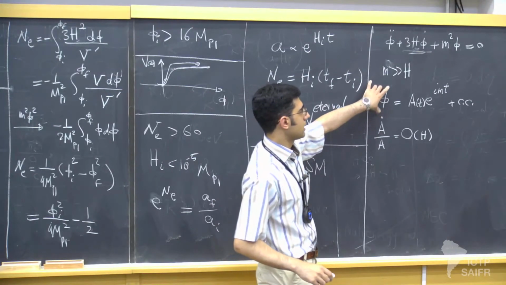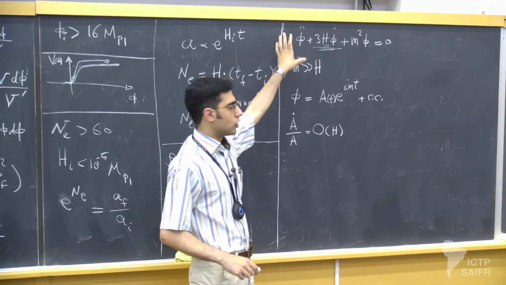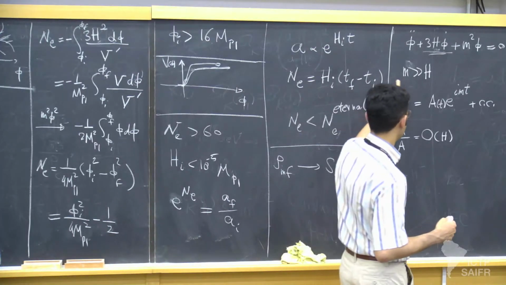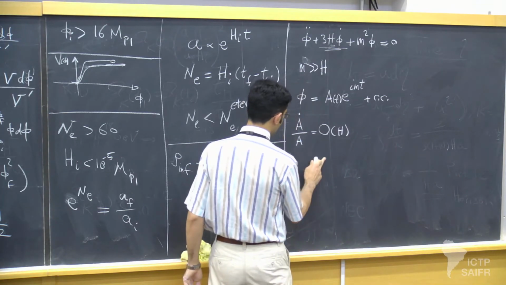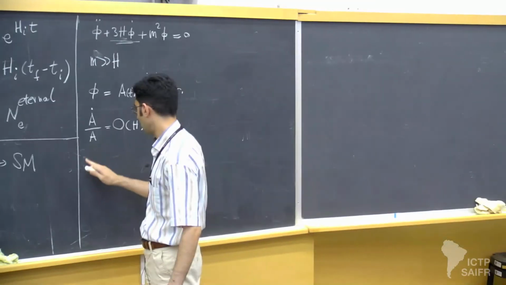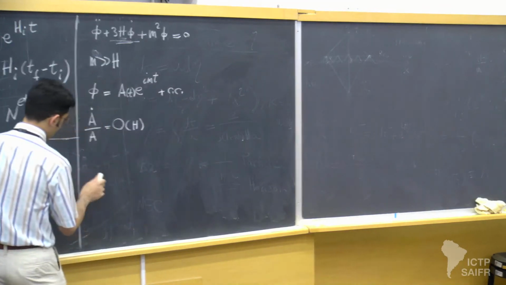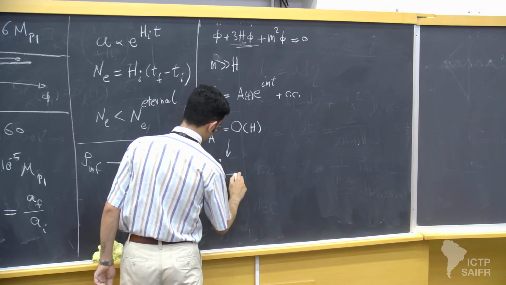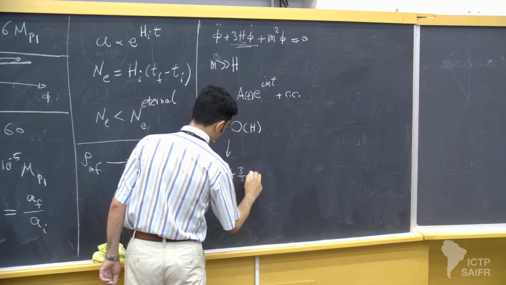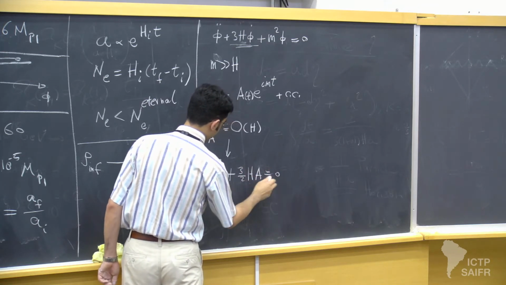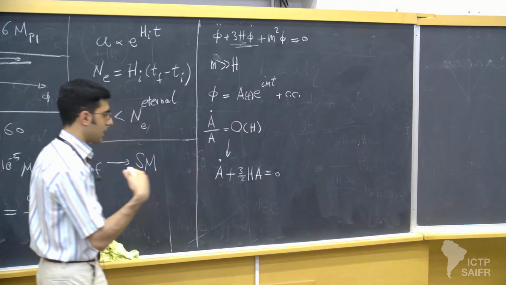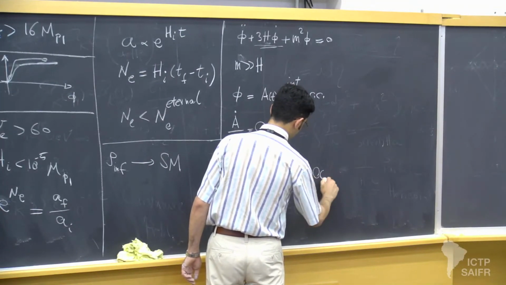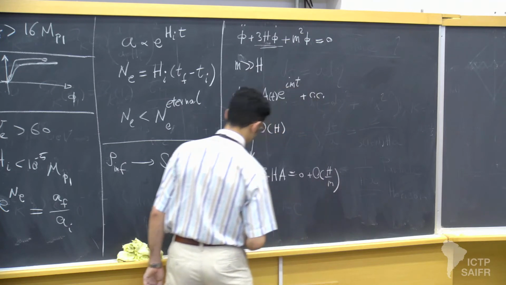Now I can plug this ansatz in the equation and use the fact that the time derivatives of A are small compared to m, because the time derivatives of A are of order H. What I get is an equation for A which says that A dot plus 3/2 H A is equal to 0, up to corrections which go as higher time derivatives of A. There are corrections of order H over m that I'm dropping.